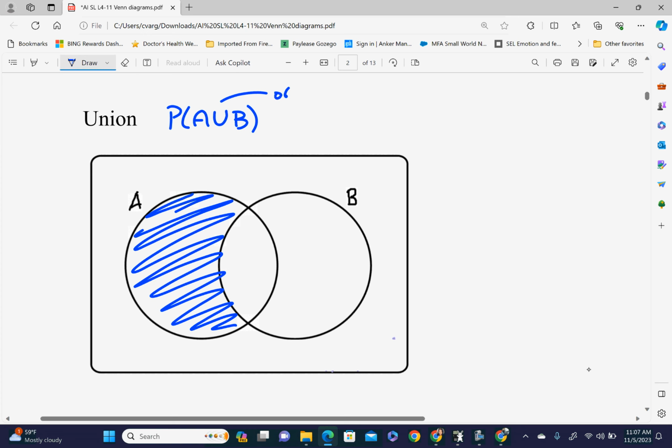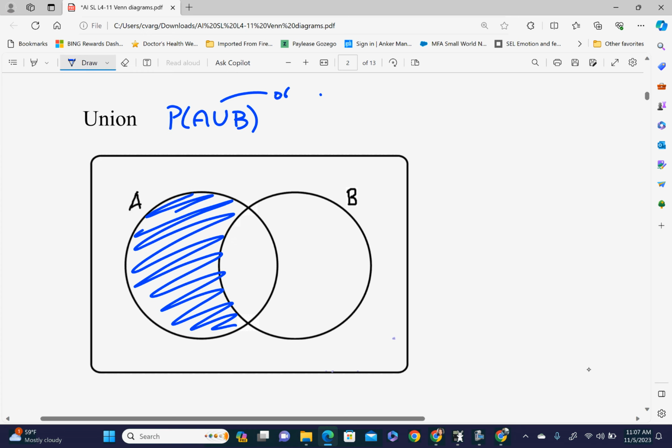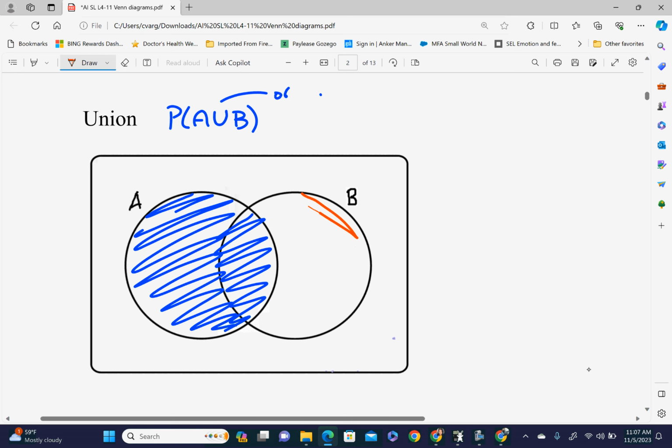Actually, let me include the people who are here as well. So that's all probability of A. The probability of B, let's go with some orange here, is going to be anybody in here. Make sense? And then the people who are over here in the middle, they are double counted.